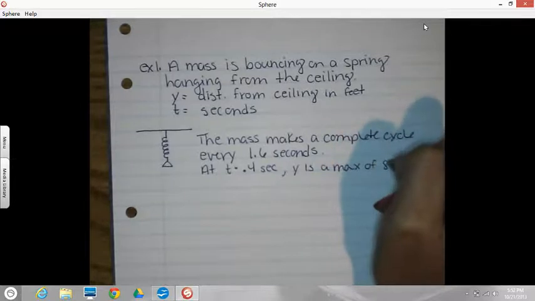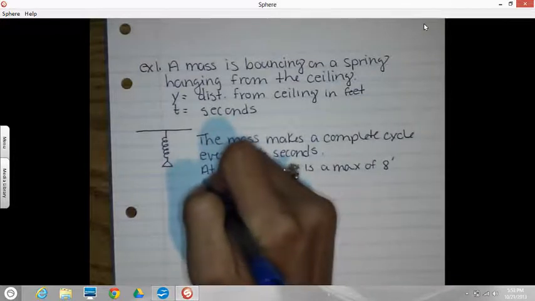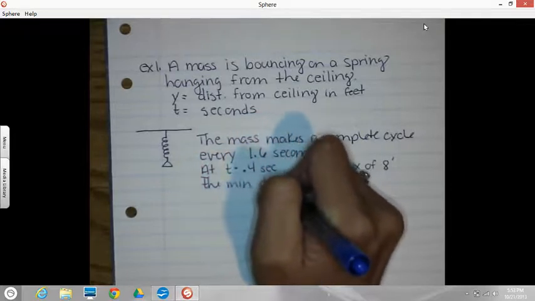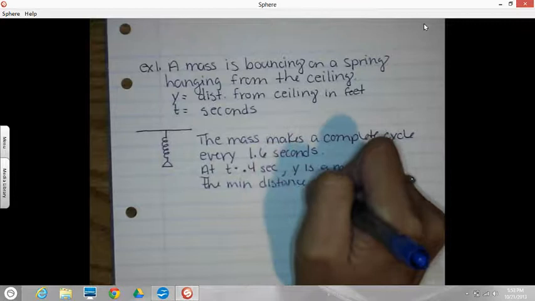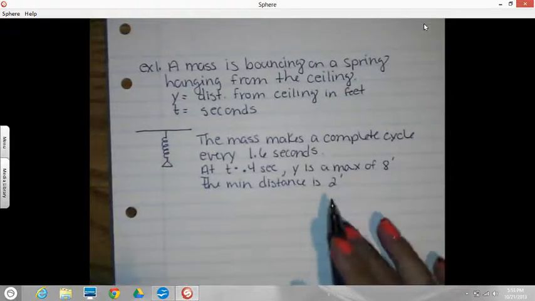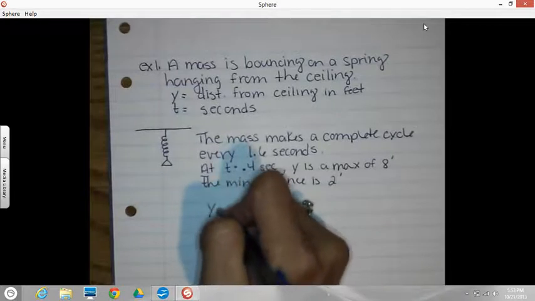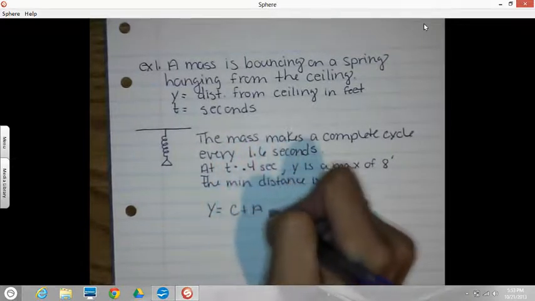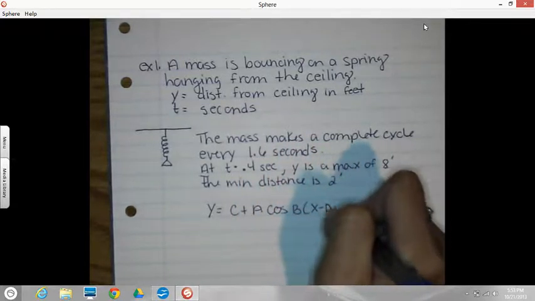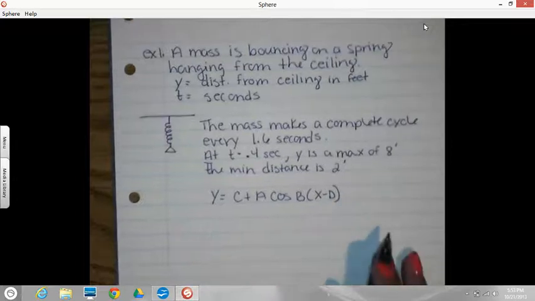So the farthest it gets away from the ceiling is 8 feet. The minimum distance is 2 feet. I want you to sketch the graph and write the equation. Okay, so your goal is to come up with the A, B, C, and D values. So let's take a look at sketch the graph first, and then these values kind of fall into place. Hopefully they fall into place.